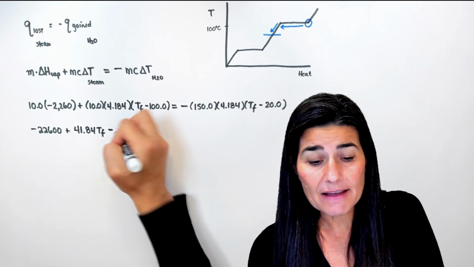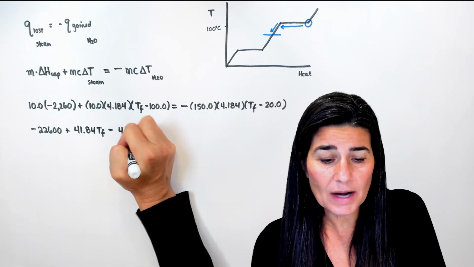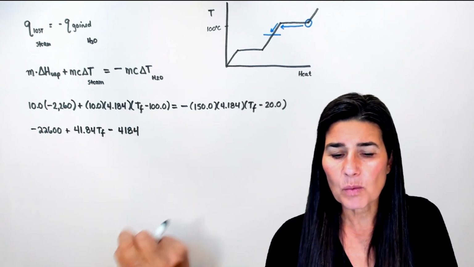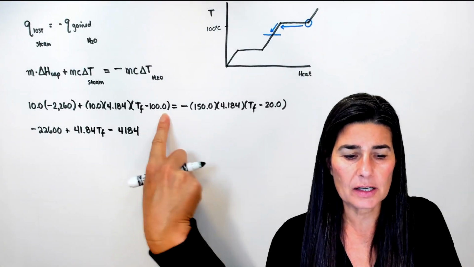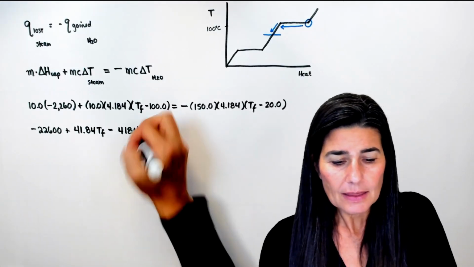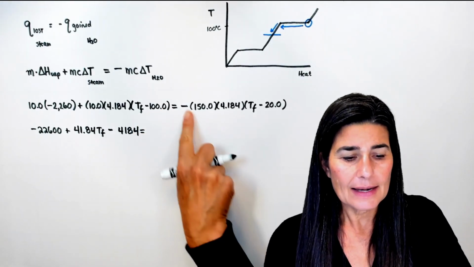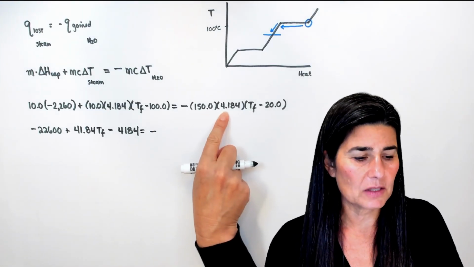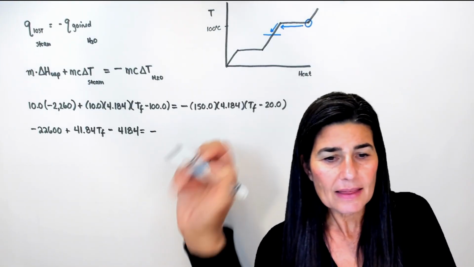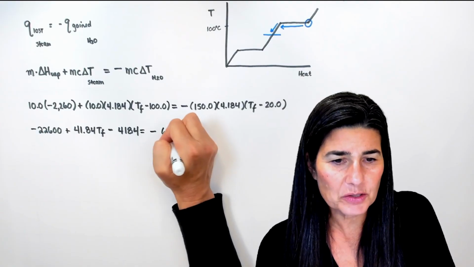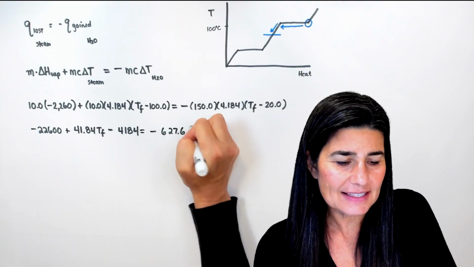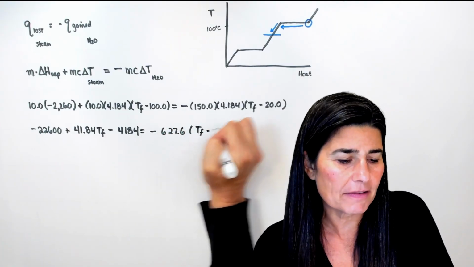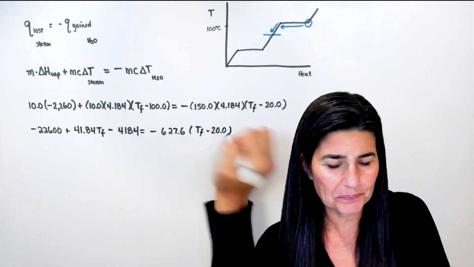So we're going to get 4,184 when we distribute that into our factor right here. This equals negative, we've got 150 times 4.184. That is negative 627.6, and then we still have T final minus 20.